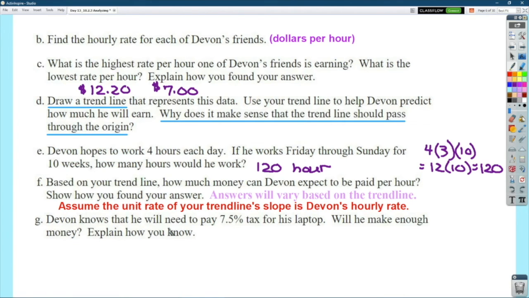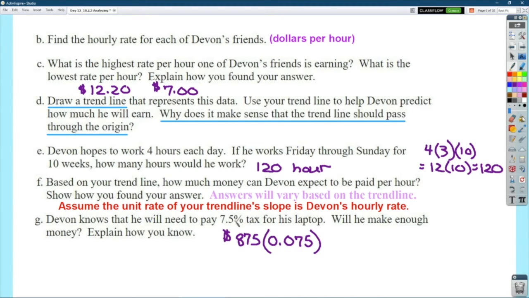Devin knows that he will need to pay 7.5% tax for his laptop. Will he make enough money? Explain how you know. Devin's laptop cost $875, the one that he's looking at, and we need to multiply that by 7.5% or 0.075.